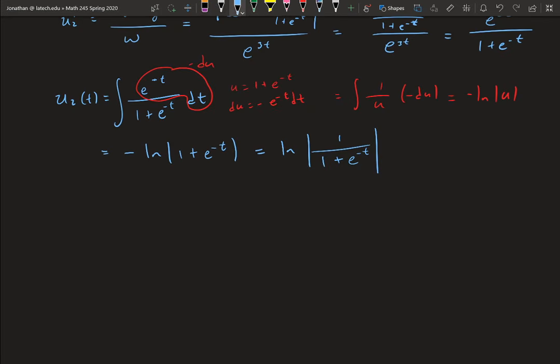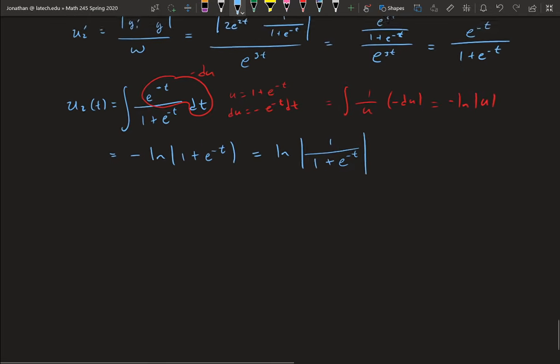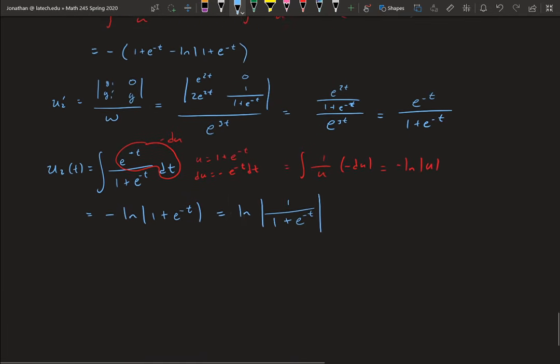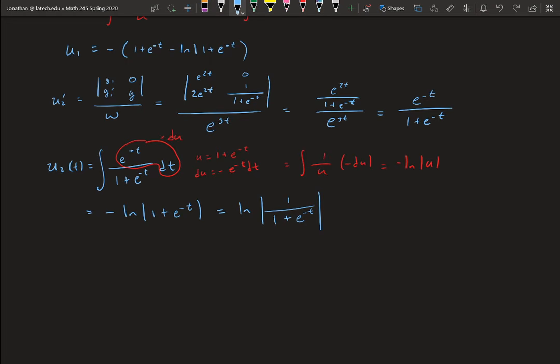So then we can form our general solution. Just zoom out a little bit so I can keep track. This is U1 right here. This is U2. Let's see.